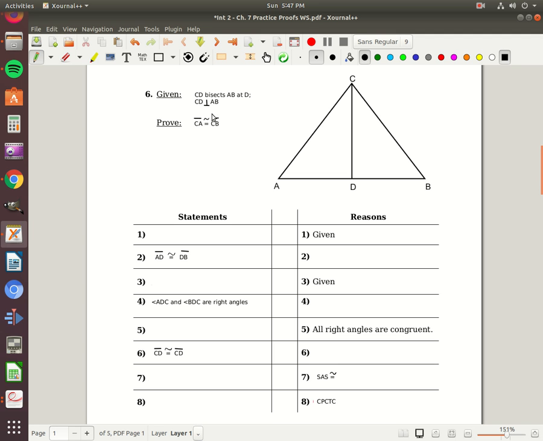All right, so CD bisects AB at D is given, and I can say that AD is congruent to BD. I believe that is the definition of a bisector.